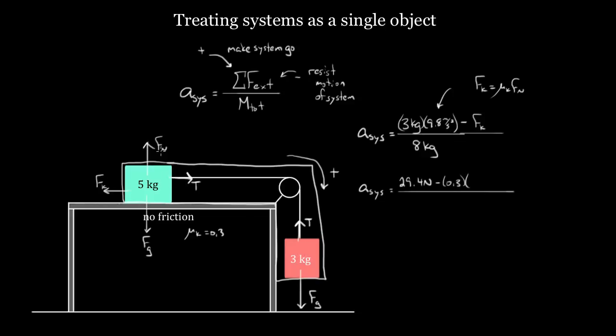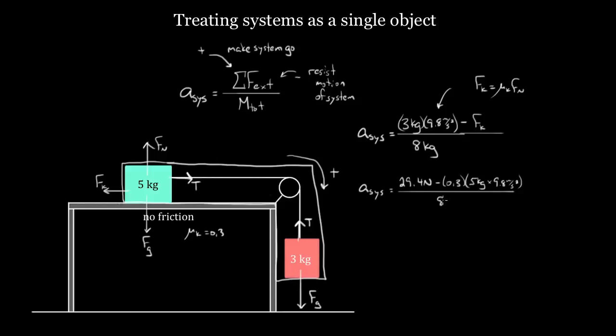It's only the normal force on this 5 kilogram mass that's contributing to the force of friction here. So even though we're treating the system as a whole, we still have to find individual forces on these individual boxes correctly. So the entire mass doesn't go here. The normal force on the 5 kilogram mass is just going to be 5 kilograms times 9.8 meters per second squared.